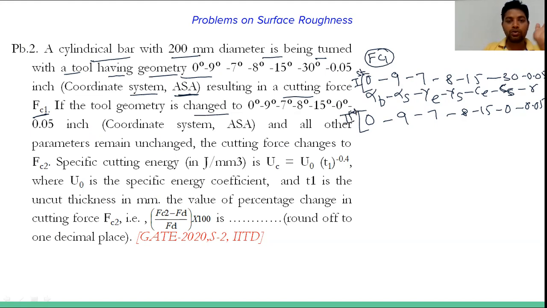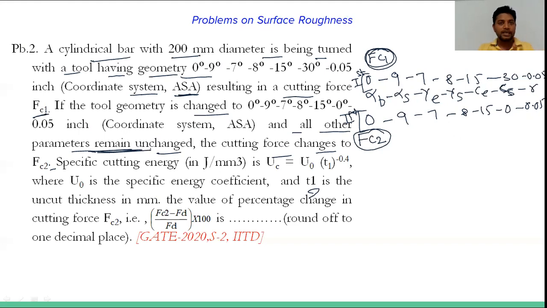When the tool is shifted to the second one, and all other parameters remain unchanged, the cutting force changes to fc2. Means in the first condition the cutting force was fc1, now the cutting force is changed and that will become fc2. Also mentioned is that all the other parameters remain unchanged, meaning the other parameters are the same.